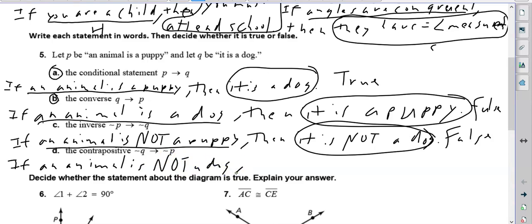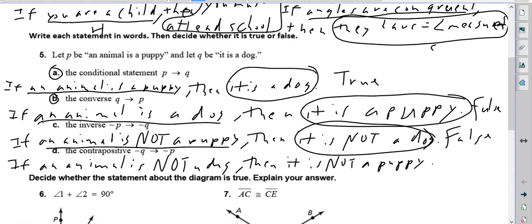So if an animal is not a dog, then it is not a puppy. And again, all we're doing is we're taking Q and adding not to both things. So if an animal is not a dog, then it is not a puppy.